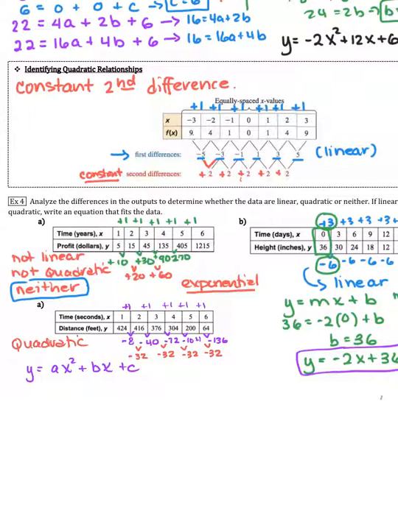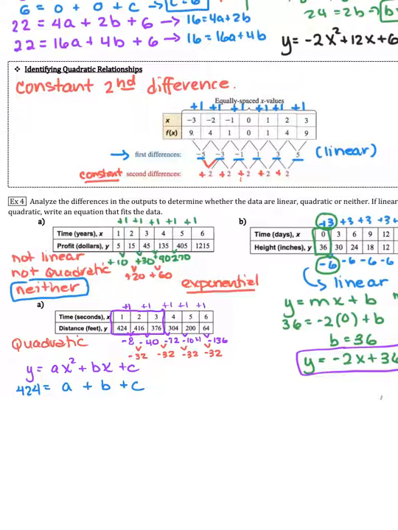Now we weren't given a gift, but if you choose 3 successive numbers, these work out really nicely. So we're going to start off with 424, that's the y value. X is 1, so this will just be a plus b plus c.